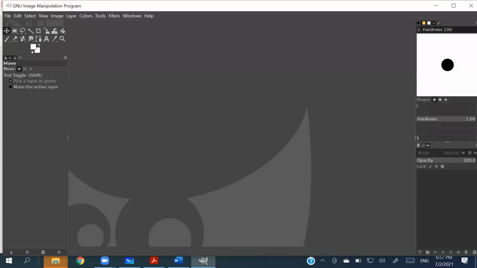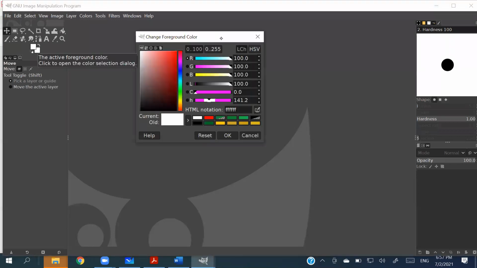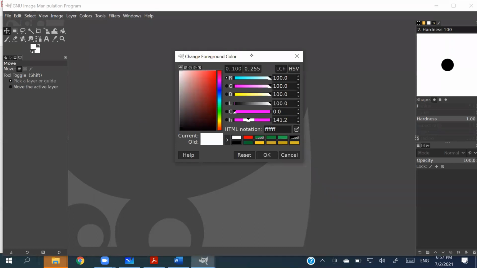If I double click on this, I can see the color palette. As you can see, can you see the values over here? R is 100, G is 100, B is 100, something like that. If I change the colors, if I click here and there, you can see these numbers are changing.